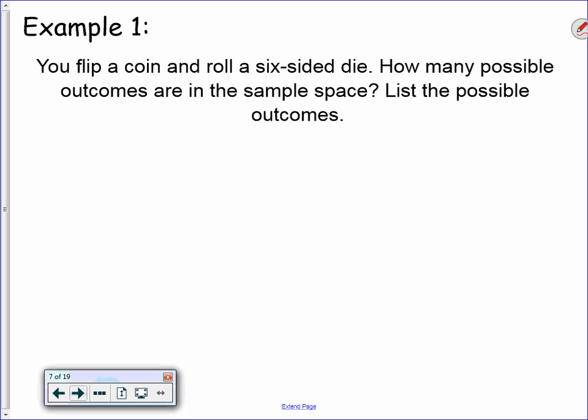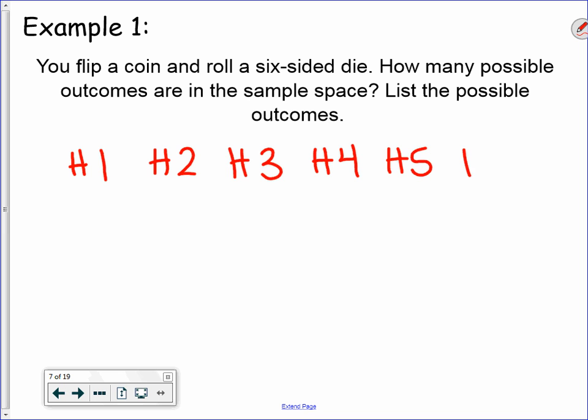So here it says you flip a coin, which remember has tails or heads, and then you roll a number die. So you could, for instance, get heads and then on the number die get a 1. Or you could get heads and get a 2. Heads 3, heads 4, heads 5, heads 6. Or you could flip a coin and still get 1, 2, 3, 4, 5, 6 on a number cube, but get tails.